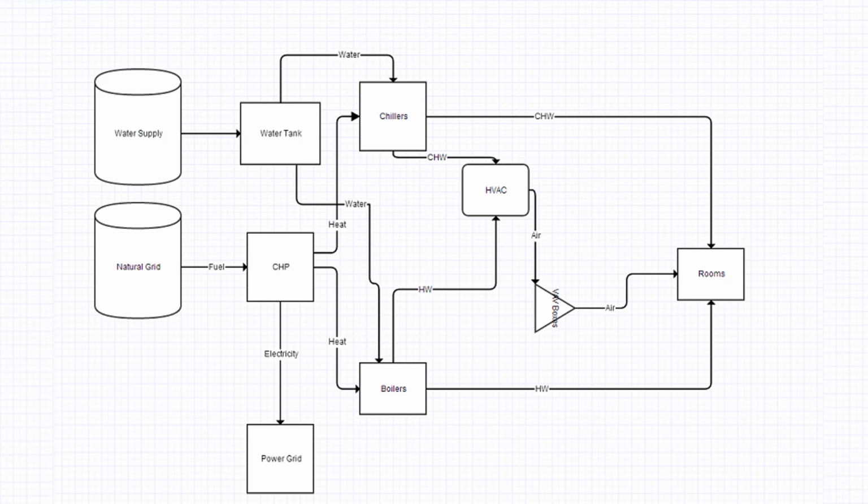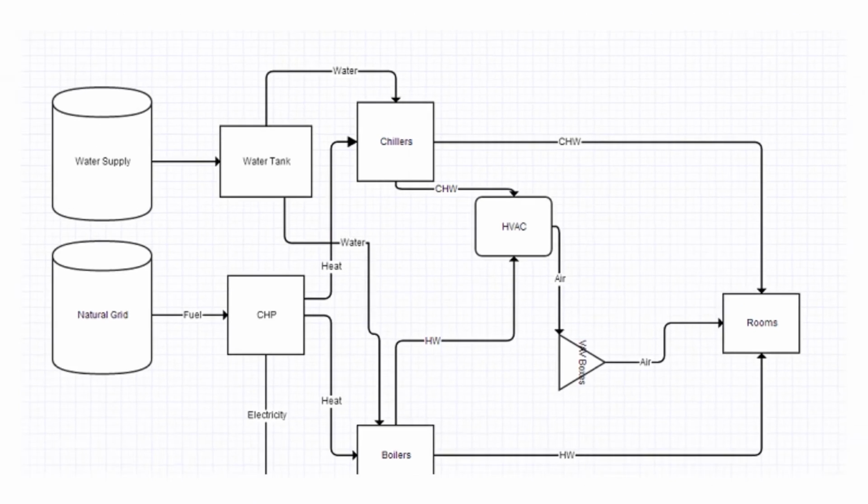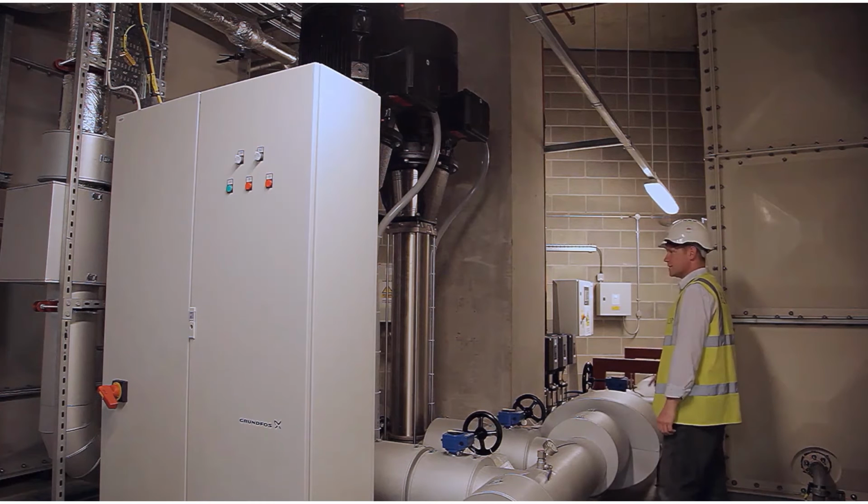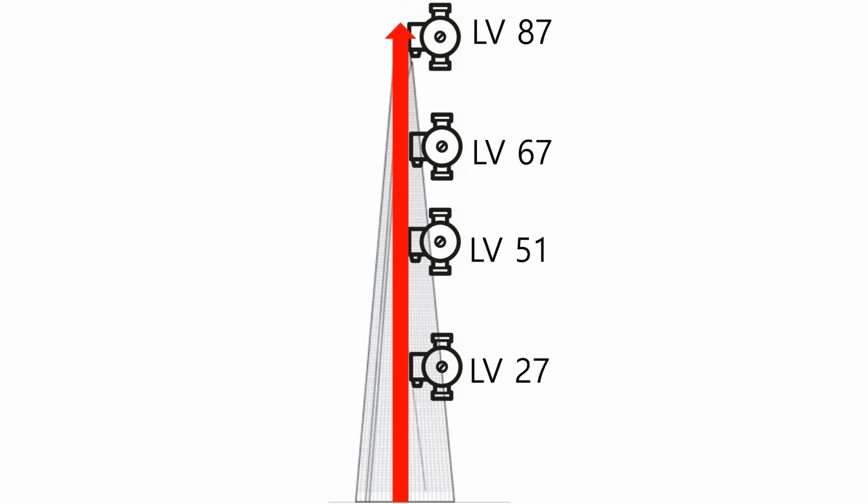To know about TheShard's heat control, we have to understand HVAC system of TheShard. In HVAC system of TheShard, water is used to cooling system. Water enters TheShard at the basement level from street and fills the tanks. And there are tanks and pumps in 4 floors.